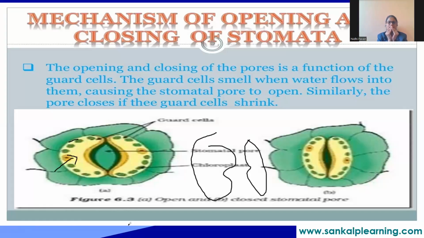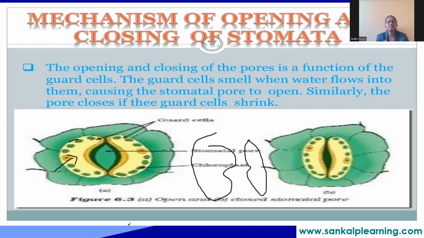It is called the stomatal pore. So when the guard cells absorb water, the stomatal pore opens. When there is no water in the guard cell, the stomatal pore closes. The stomatal pore opens when there is water in the guard cell. When the water is moving out of the guard cell, the stomatal pore closes.